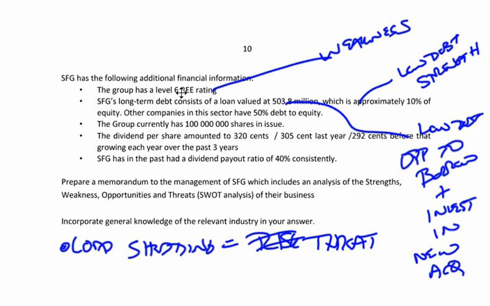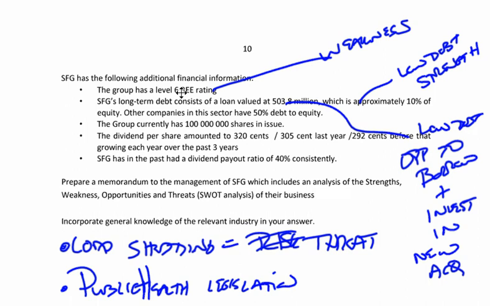What you might want to do is say that one of the weaknesses within our business, or the threats to our business, is public health legislation. That might be a problem because we're dealing with foodstuffs. If we give out bad food and we poison people, maybe there might be a problem from that perspective.